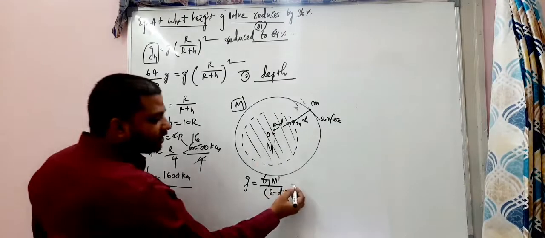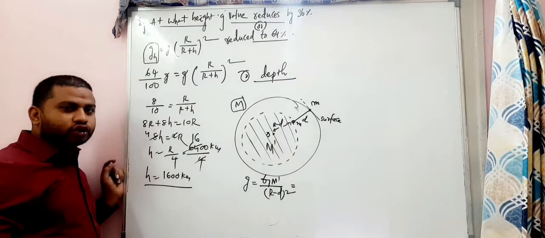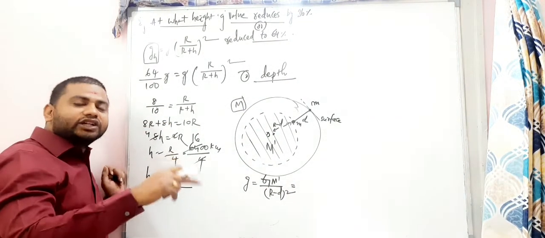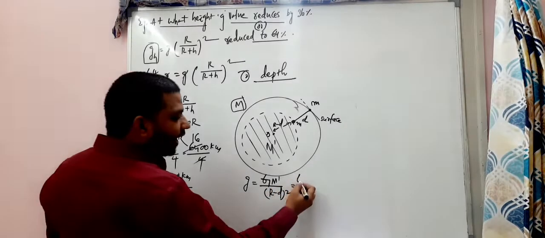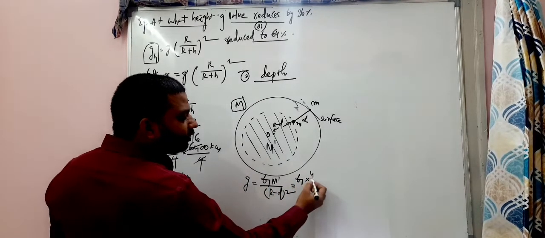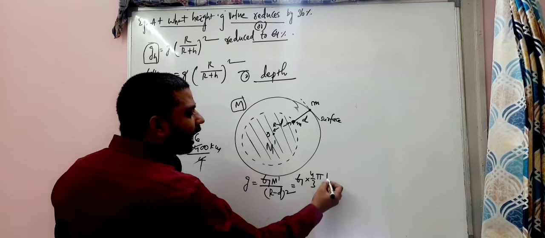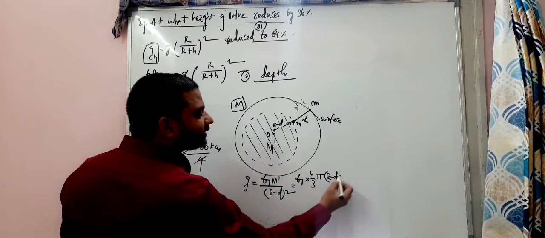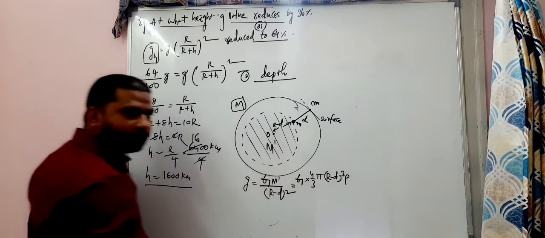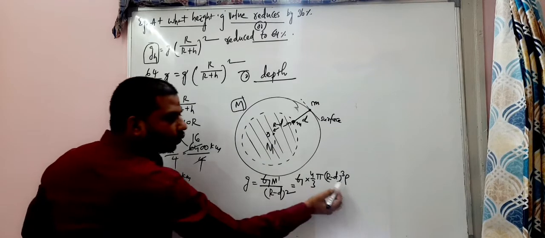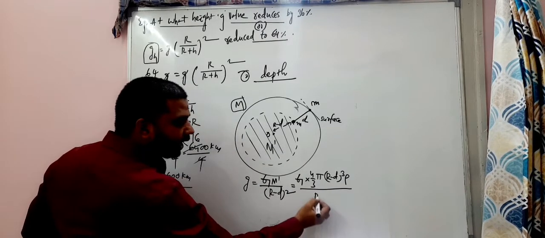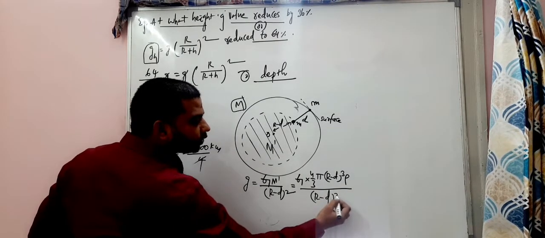Okay. This M dash we don't know, so that is why we'll write in terms of density. So capital G into 4 by 3 pi (R minus D) cube into density. So mass is density into volume, divided by R minus D whole square.